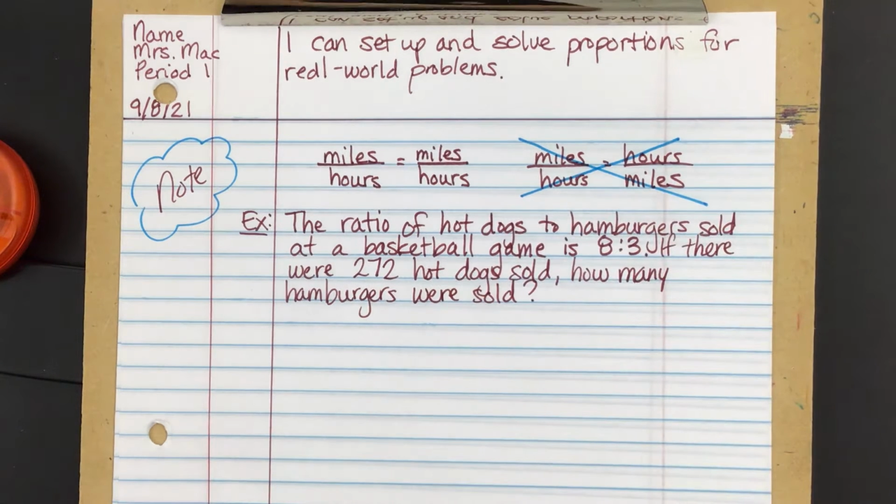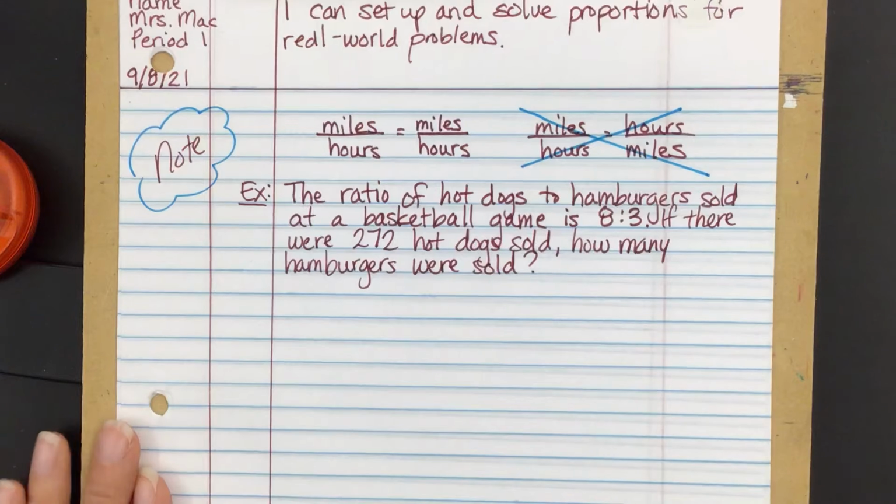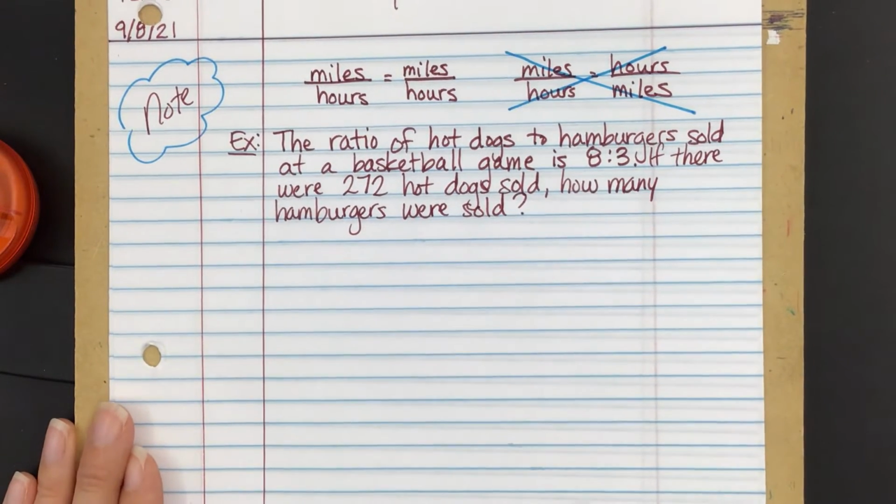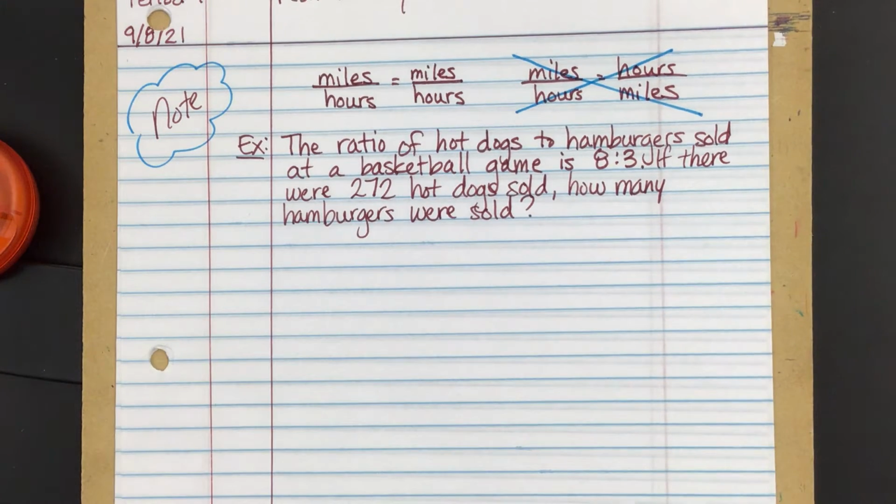Or how many hamburgers would you expect to be sold? Okay. So what we're going to do is set up equivalent ratios, a proportion basically, to help solve this. Looks like you guys are still writing. I'll give you just a second.